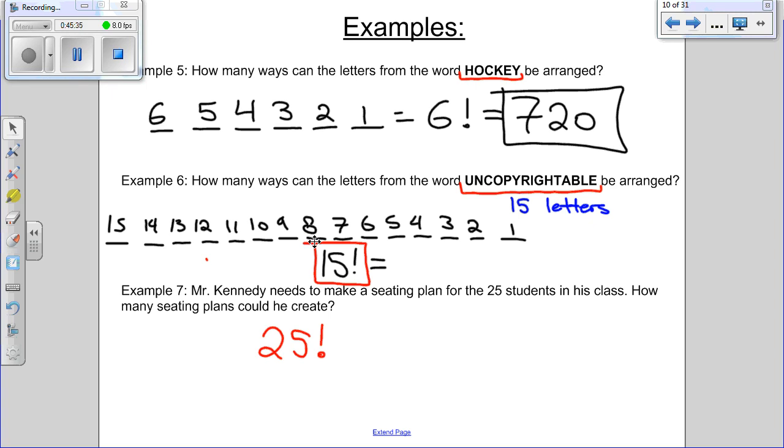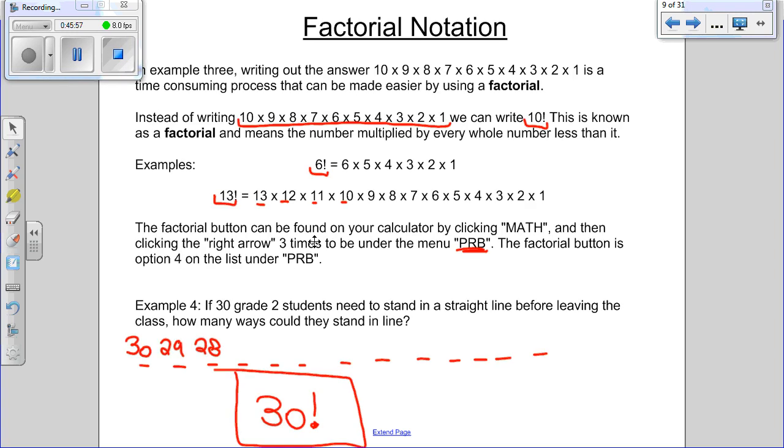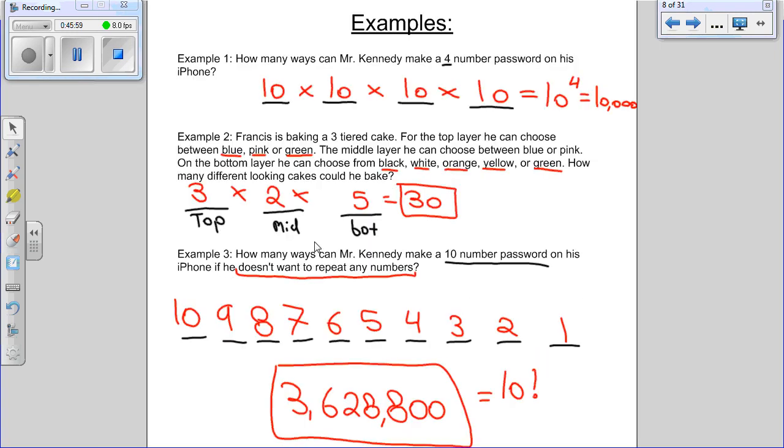Twins are still different people. Even when we went back to this password question, notice it said no repeated numbers. It purposely said that so that we could use factorials. Tomorrow things will change.